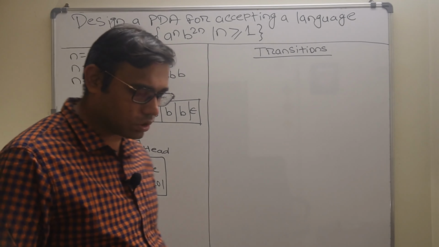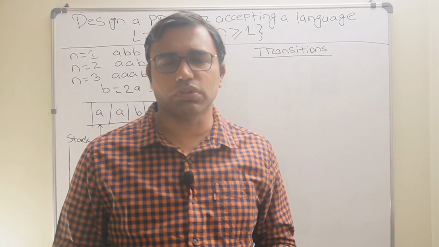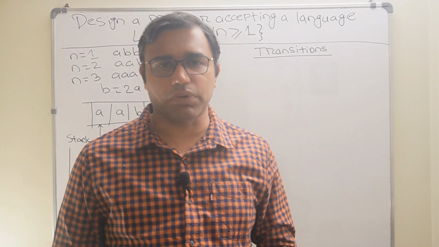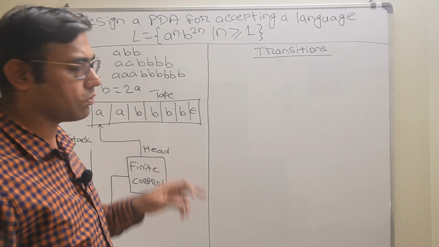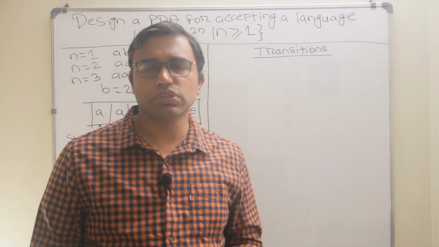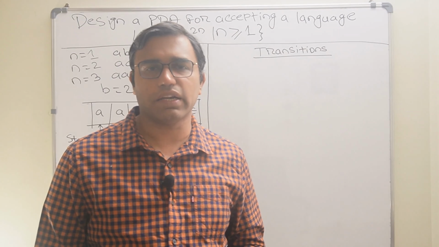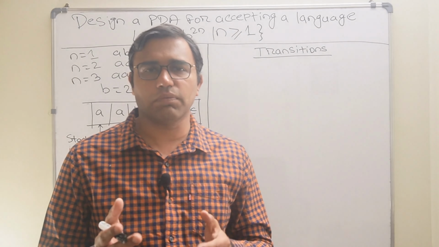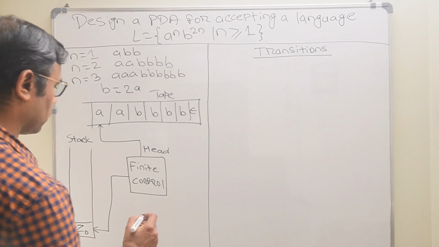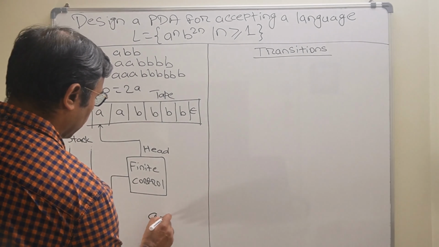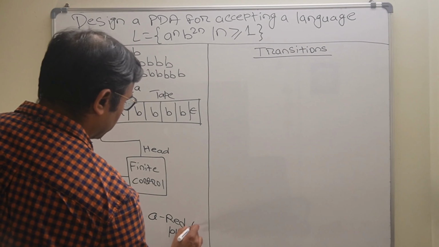Now in this question, in PDA, we can do the push operation, pop operation and peep operation. So in this question, since B is equal to 2A, we have to insert two symbols, or two plates, into the stack for one A, and we have to remove one plate from the stack for B. So for A I will use a red plate.